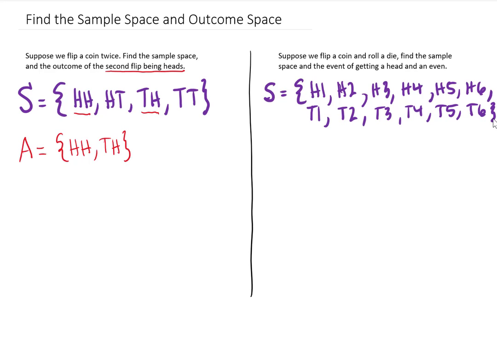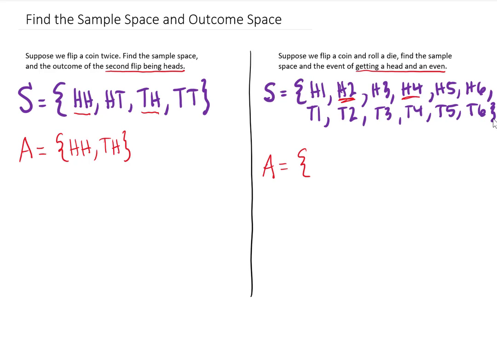Okay, so now the event this time is supposed to be getting a head and an even. So let's use A again. This event now has to be getting a head and an even. So going back up to the sample space, which represents all outcomes, which ones have a head and an even? Not H1, but H2 does.